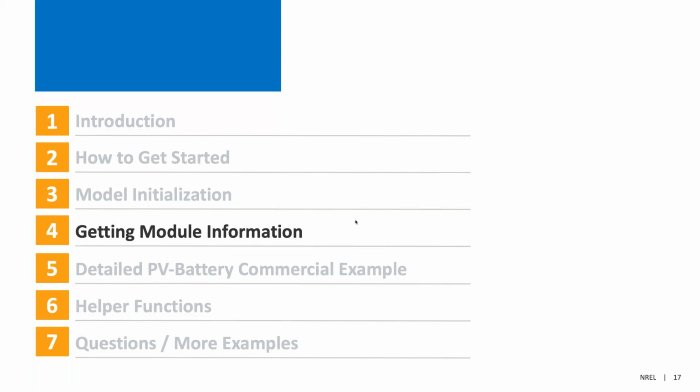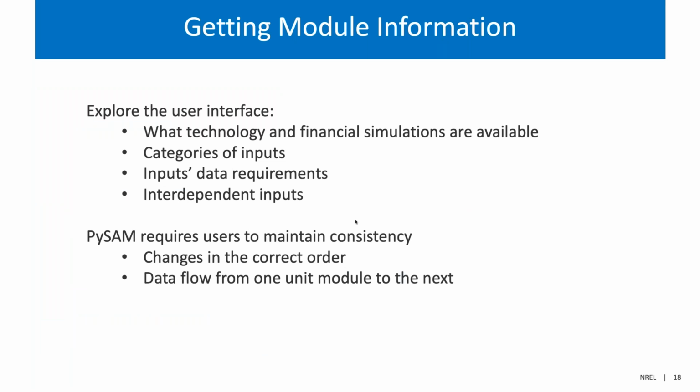So definitely still the easiest way to understand PySAM is to work with the GUI, to explore the user interface, because that, first off, tells you what technology and financial simulations are available. It also categorizes the inputs for you, like we were looking at earlier with the solar resource and system design. These UI pages help categorize the inputs, sometimes the same category as used by PySAM, such as that CEC performance model with module database.